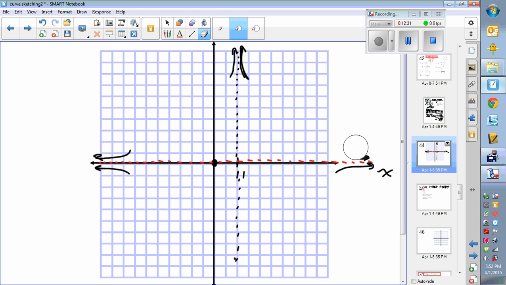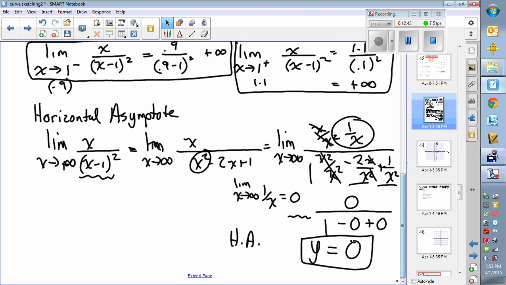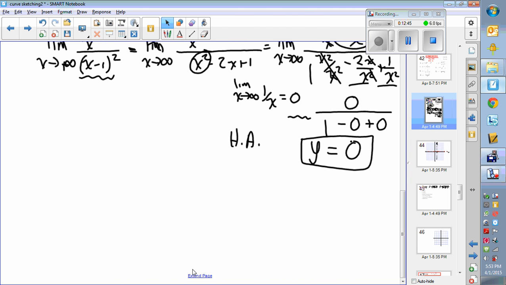So I'll get rid of these because we don't know what it does. We're going to test what it does. Does it approach from above or below? We're going to go figure that out. Okay, back to my graph, way down here. So we have to now test.